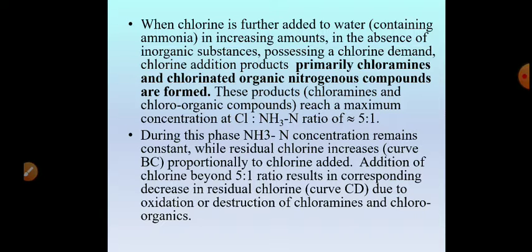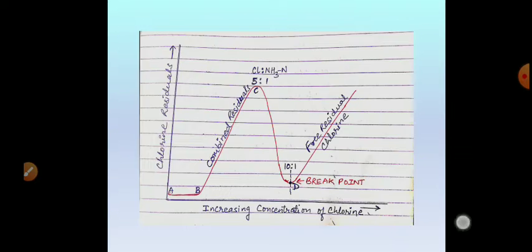What happens during this phase? The ammonia nitrogen concentration remains constant, but residual chlorine goes on increasing. The residual chlorine goes on increasing in proportion to the amount of chlorine added because addition products are being formed, which is shown by curve BC.